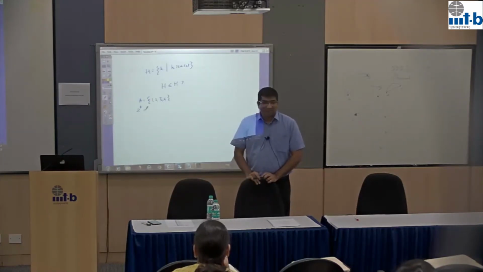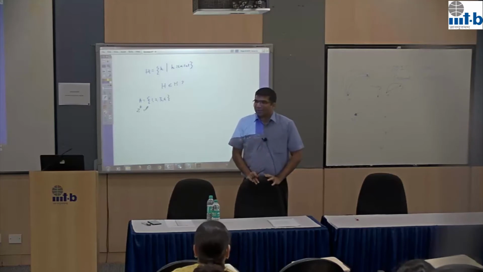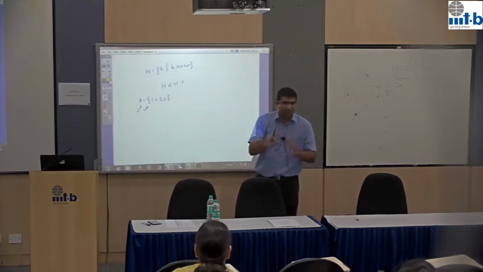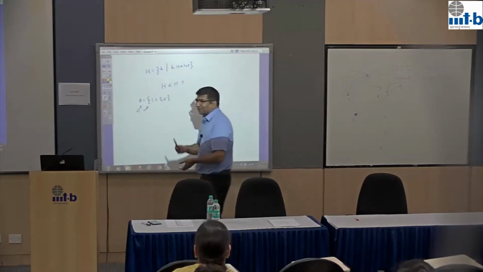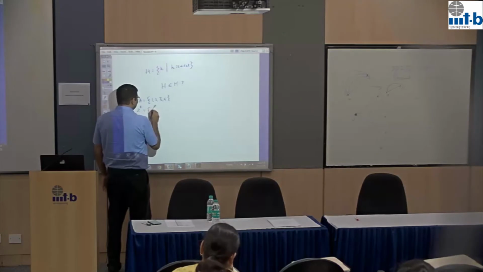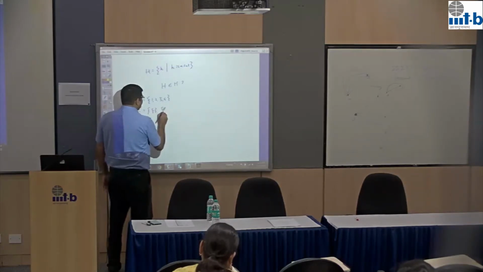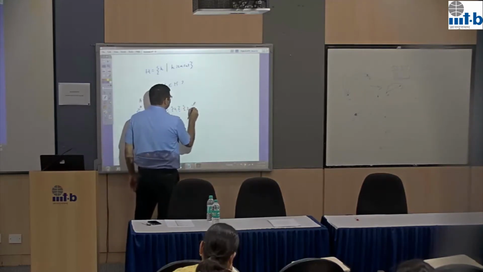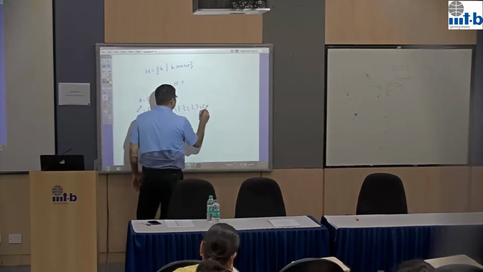Yeah, in fact, you can see that for any finite set, the cardinality of the power set is exactly 2 to the cardinality of the set. So how much will be the cardinality here? You have the null set, then you have 1, 2, 3, 4, all singleton sets.